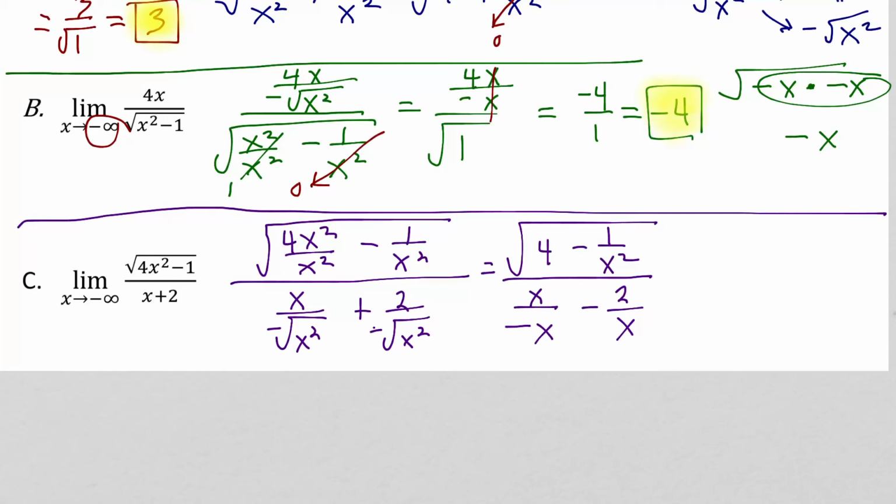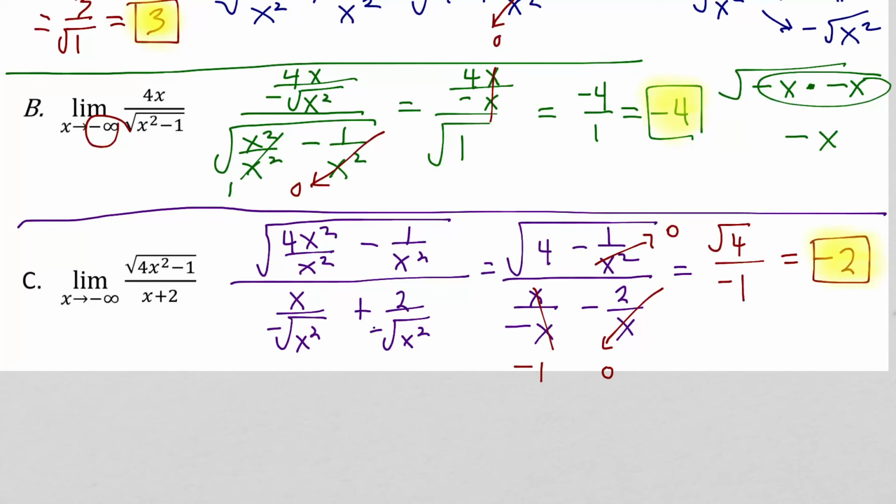All right, so this reduces to, these are going to tend to 0 here, this one as well, as x gets very large. These are going to cancel here. I'll get negative 1. So in the numerator, I'll have the square root of 4. In the denominator, I'll have negative 1. Square root of 4 is 2. 2 divided by negative 1 is negative 2.